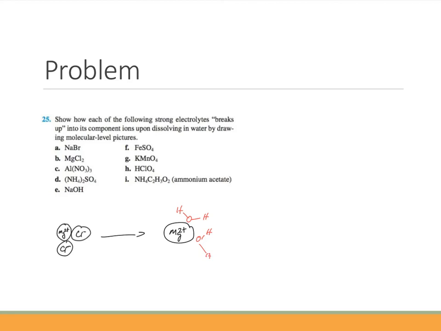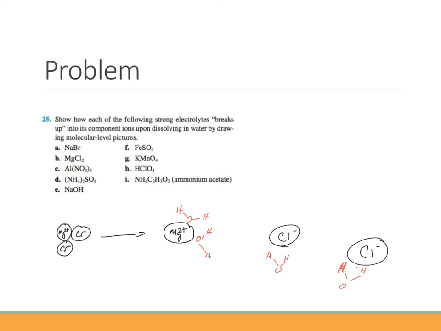The chlorides, with two of those coming off, would be solvent separated not by the oxygen but by the hydrogen ends of the water molecule. I'm only going to draw a couple there to illustrate that that's what happens.